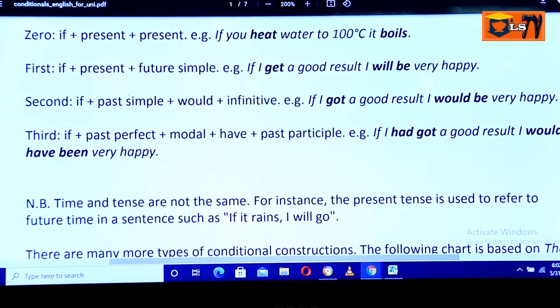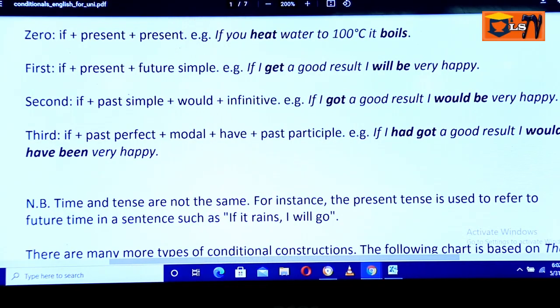Last time I taught you all the verb tenses. This is very important when you have already learned verb tenses. So, those who were with me in the first lesson of verb tenses, this past perfect means the action happened before.